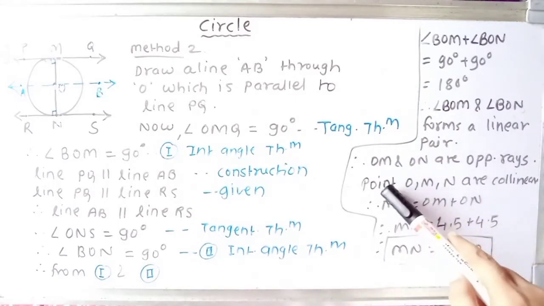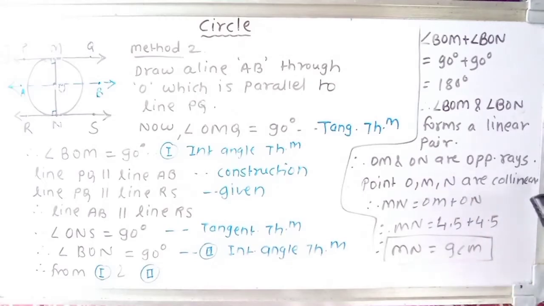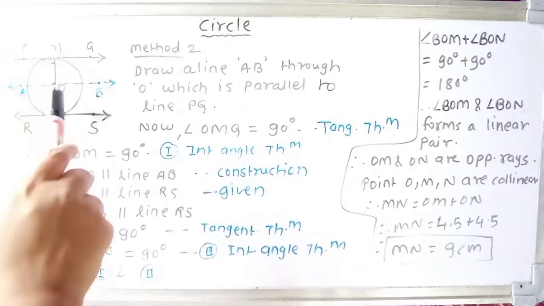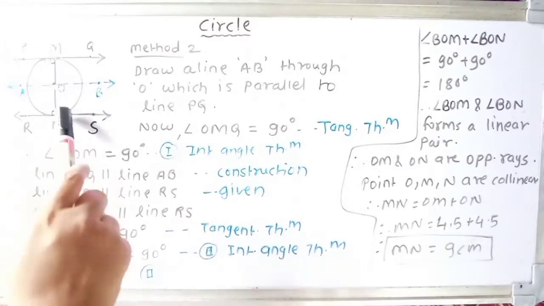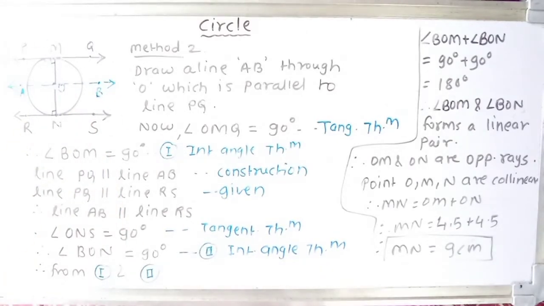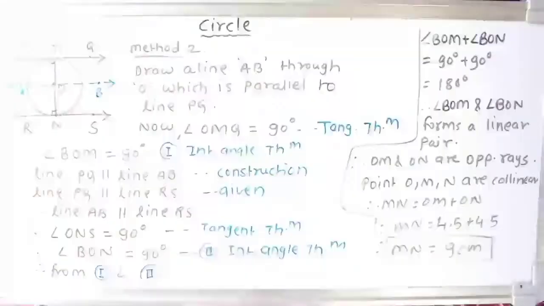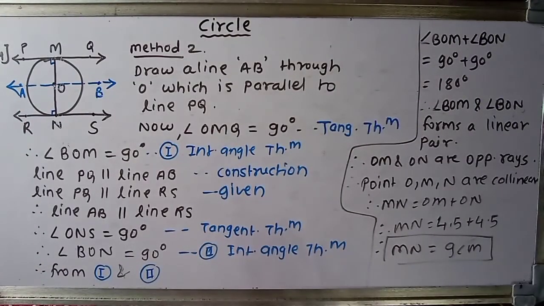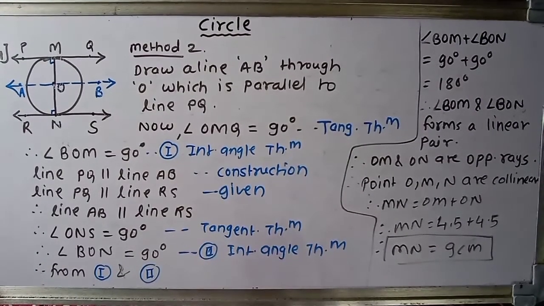Therefore we can say points O, M, N are collinear, and therefore MN is equal to OM plus ON. OM and ON are radii of the circle. So write their measures, 4.5 plus 4.5. Therefore MN is equal to 9 centimeter. Are you getting me, students? Is this clear to you? So you have to write it down in your notebook.